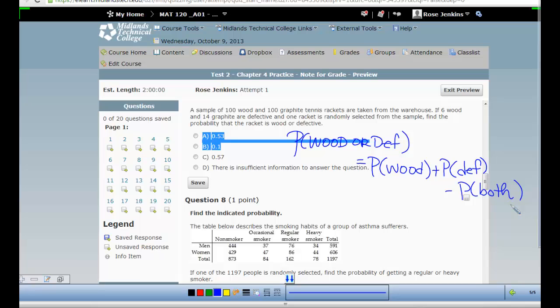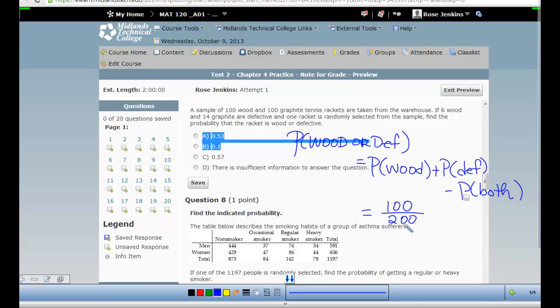What's the probability of wood? Just wood, period. Whether it's defective or not. It would be 100, okay? They're 100 over how many? Sounds like there's 200 altogether, right?